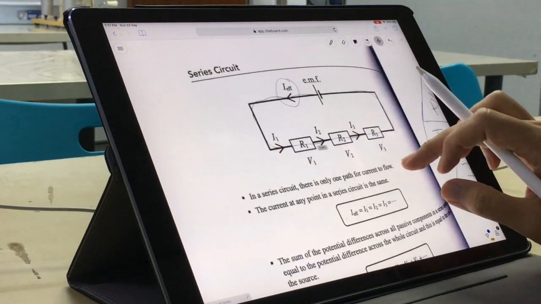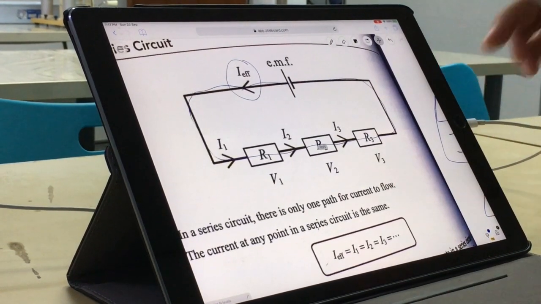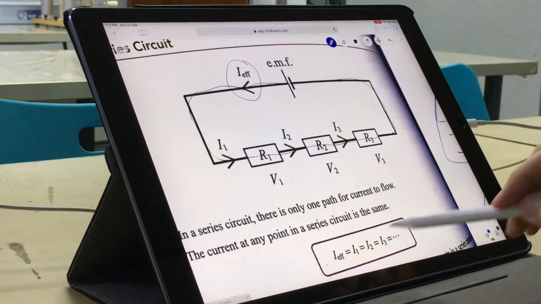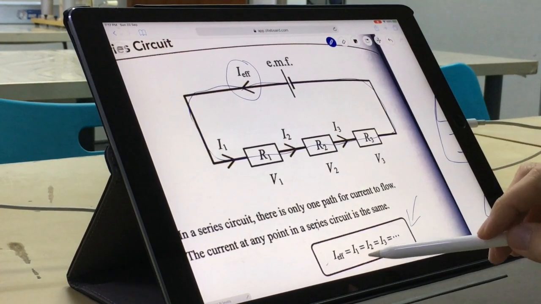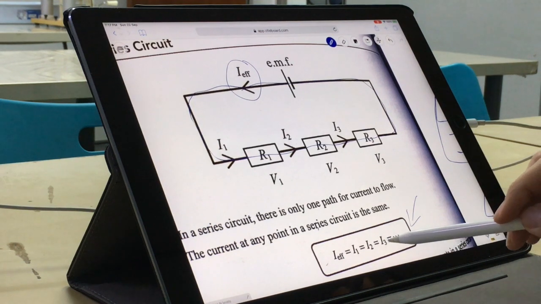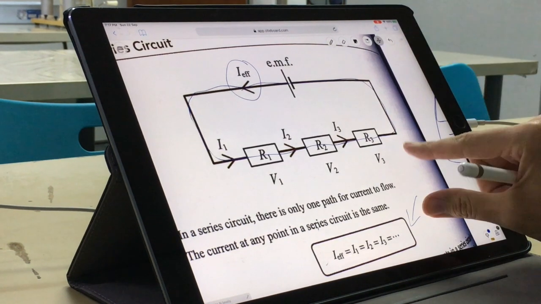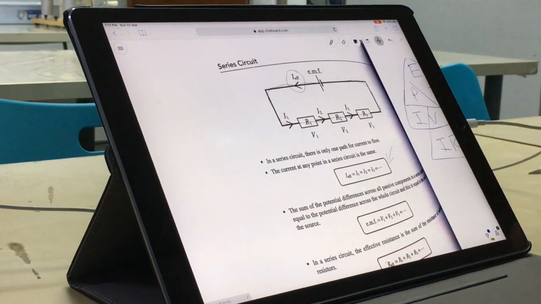Now for series, the currents are all the same. You see, I1 equals I2 equals I3. Can you see this formula? Do you remember it?